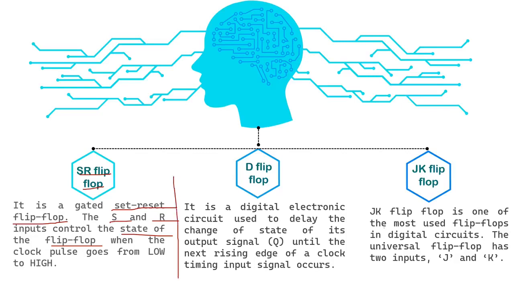Next we shall move on to the D flip-flop. What is a D flip-flop? It is a delay flip-flop. It is a digital electronic circuit used to delay the change of the state of its output signal, which is denoted as Q. The output signal is delayed until the next rising edge of the clock input signal occurs.